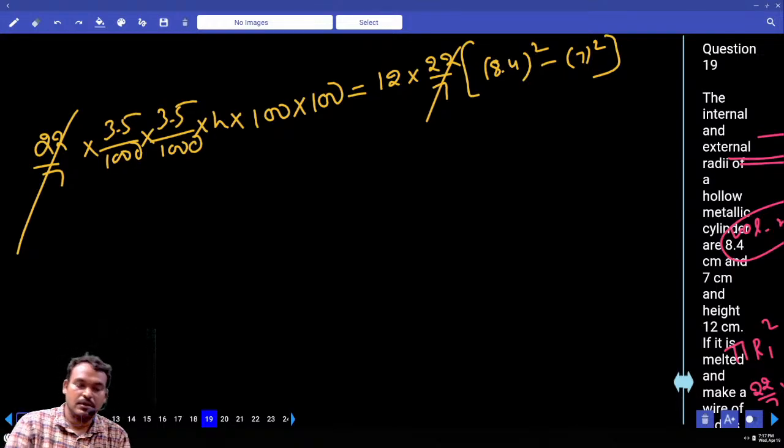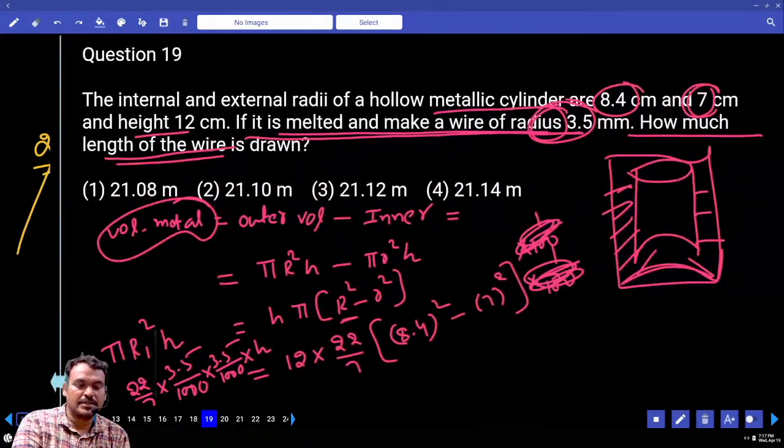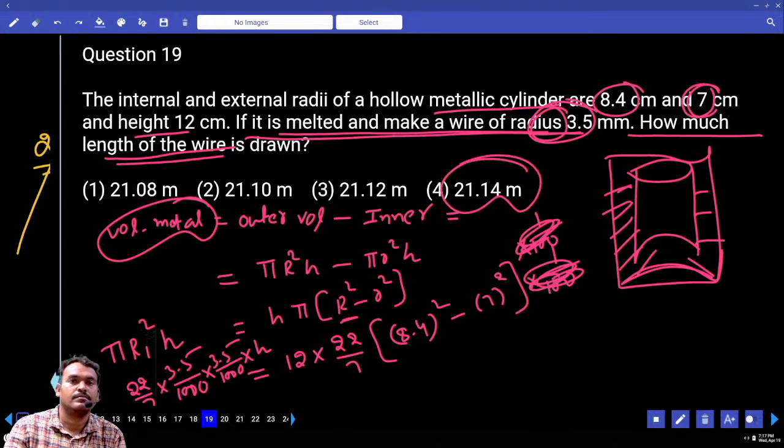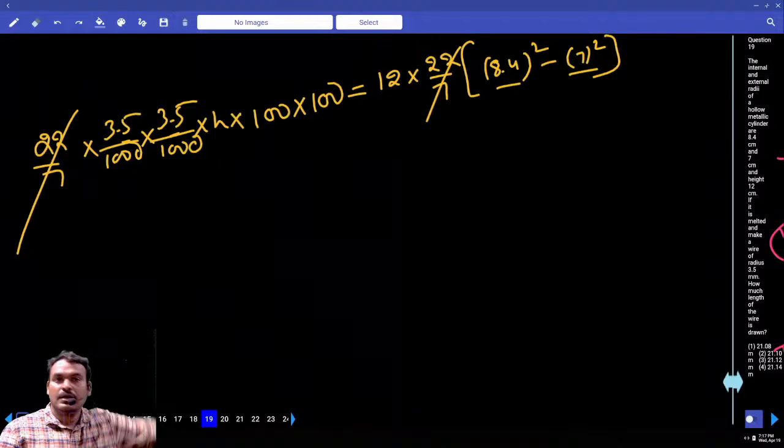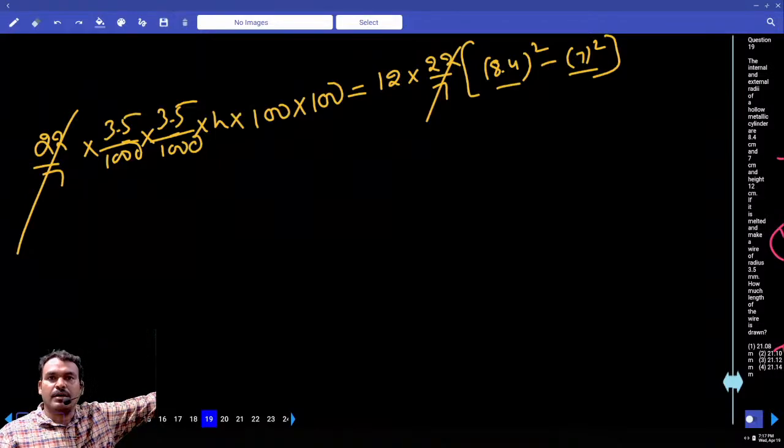Okay, 3.5 is a 7 multiple, but here 8.4 and 7, are they 7 multiples? First option, 7 multiple? No. Second option, no. Third option, no. Fourth option, it is 3.5 and 3.5 on the left hand side.